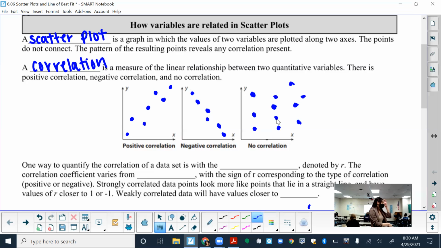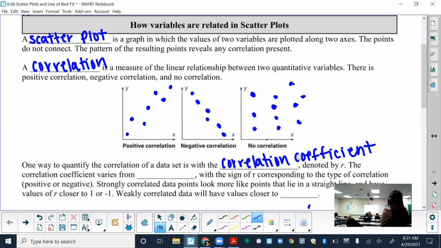All right, so positive, negative, and no correlation. So you can quantify that with something that is called a correlation coefficient. So we're going to fill that in right here. Correlation coefficient, denoted by R. So you might hear it as your R value.